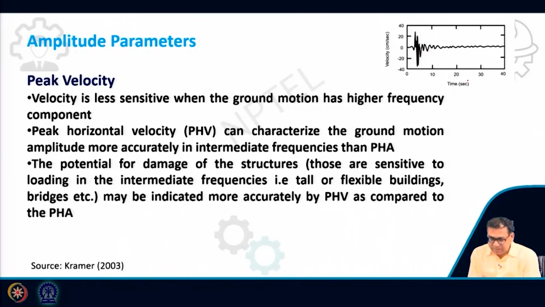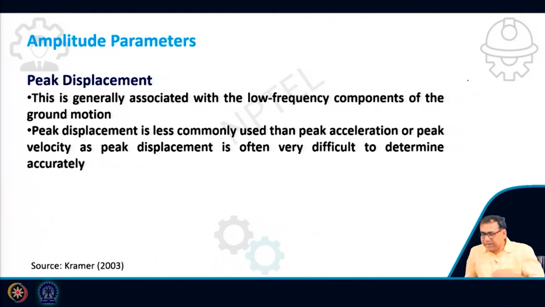So as I mentioned, PHV can characterize the ground motion in a better way in the intermediate frequency, so for structures sensitive to loading of intermediate frequencies like tall, flexible buildings and bridges, the potential damage may be indicated more accurately by PHV as compared to PHA, because PHV is more sensitive in the intermediate frequency range than PHA.